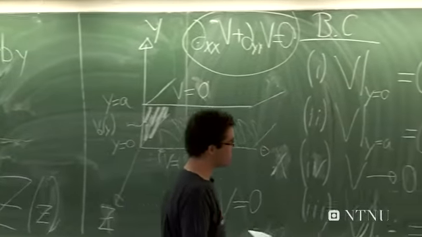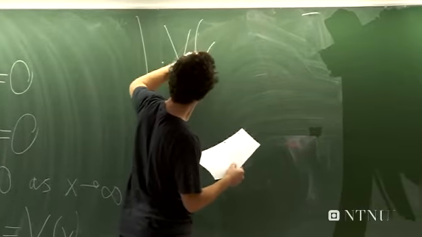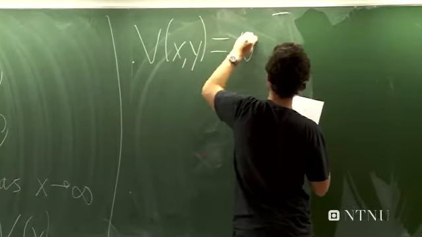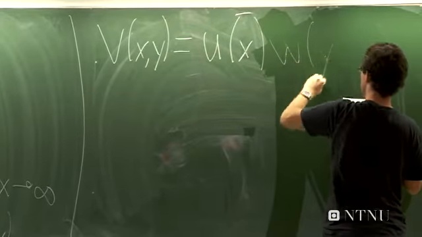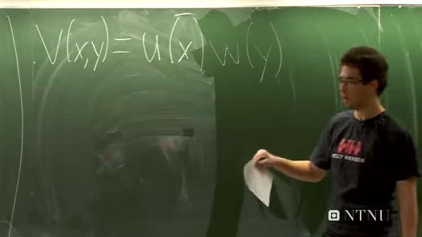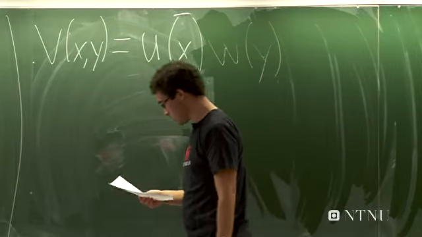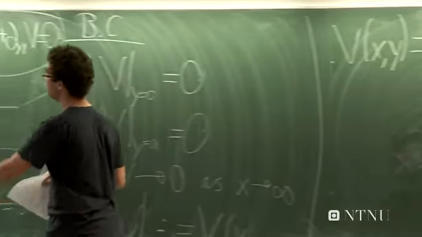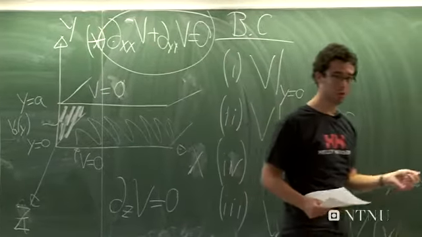So now I'm going to start off by just assuming a solution that looks like this. So u is a function only of x, and w is a function only of y. And the potential is just a product of the two. So let's see, I'm denoting the Laplace equation by star.